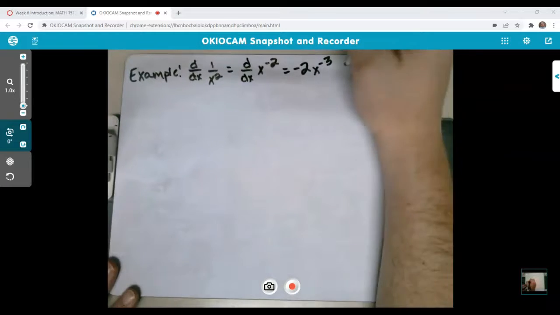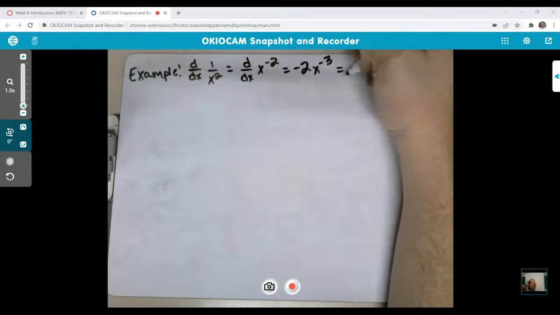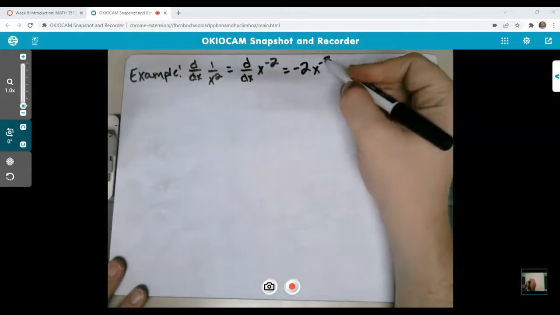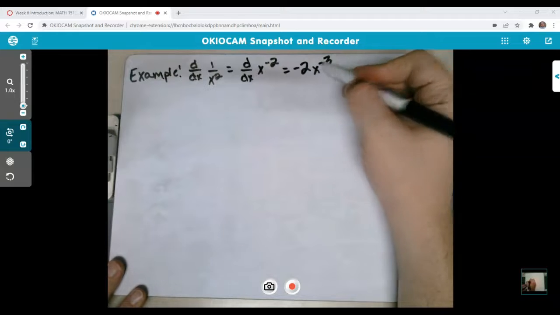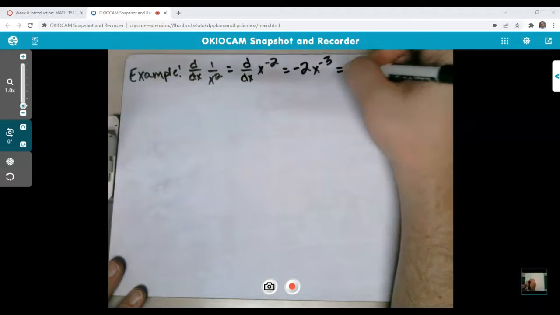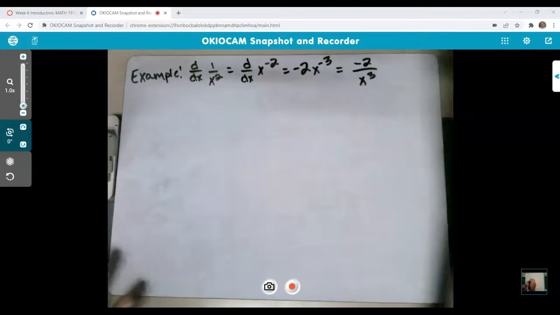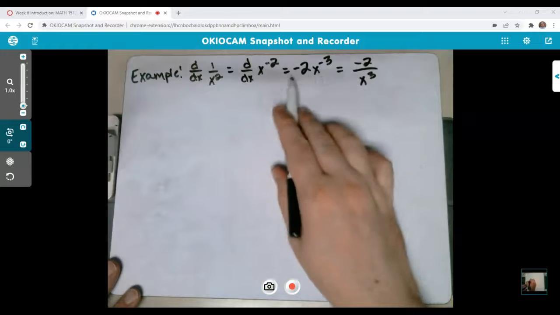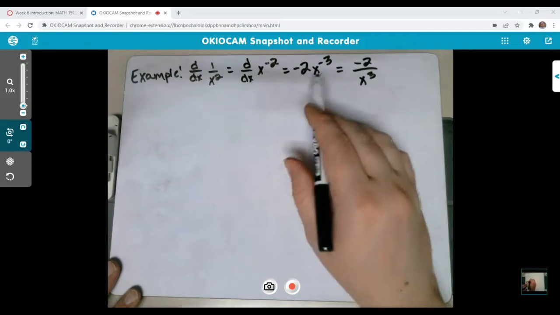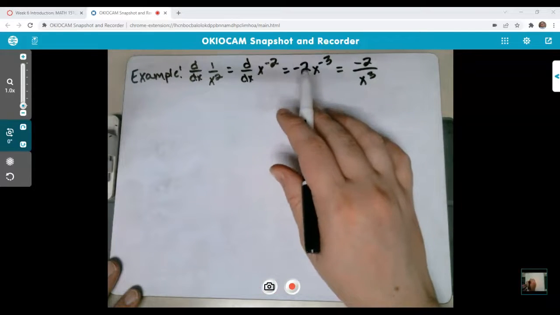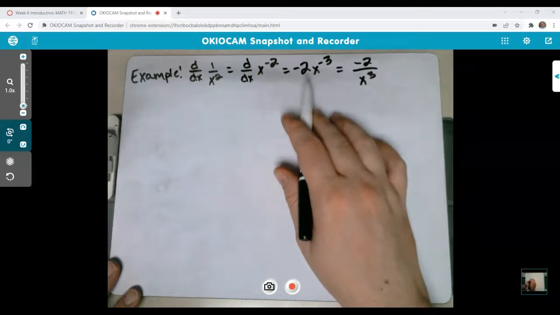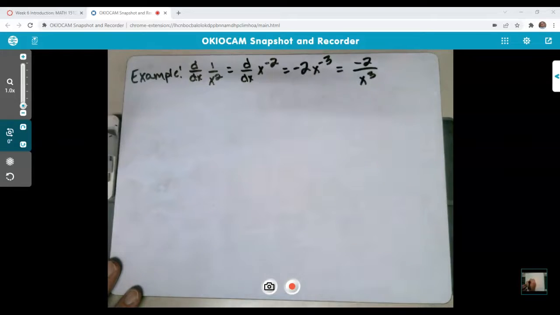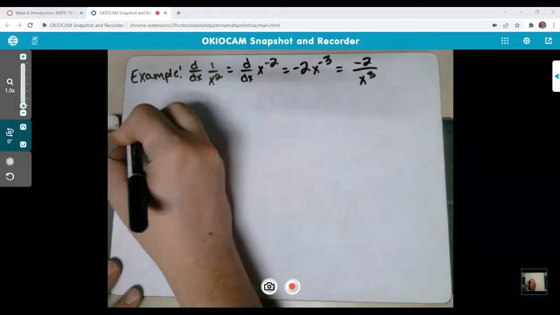Or you can simplify this by making it, since the power is negative, I can bring it down. So negative 2 over x to the third. But like I said, you can just stop right here, and that's okay. It doesn't matter. This is what I want to know. I want to make sure you can apply the power rule. So as long as you can get here, I'm good with it. Let's do another example kind of like that one.